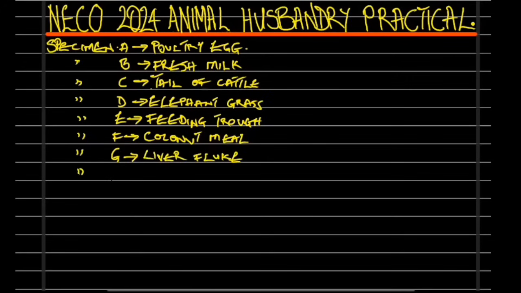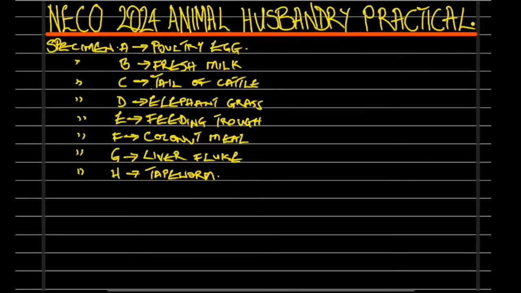And we have our specimen H, which is the last specimen, to be tapeworm. So these are the specimens that were released by NECO, the exam body, for this year's practical examination. So we'll be talking about all of these specimens one after the other, analyzing them and getting us familiar with them. So without wasting much of our time, we go straight into taking the first specimen.